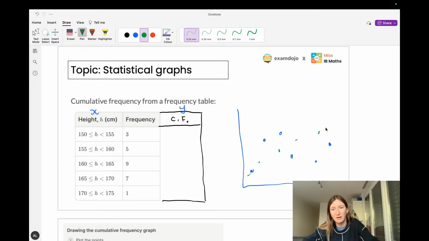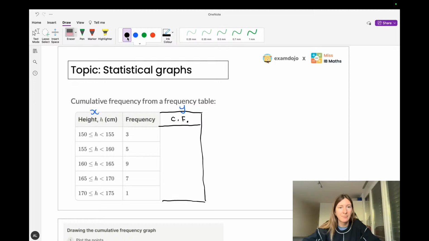So it's going to have kind of this shape where it starts off a bit slow, it gets increasing faster, and then kind of slopes off again. So that's your indication. It happens very often that I see as an examiner the frequency plotted and not the cumulative frequency.